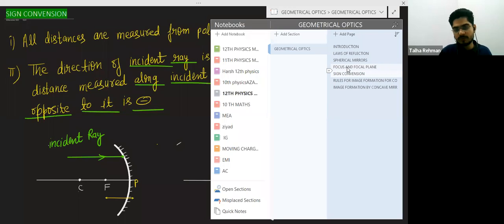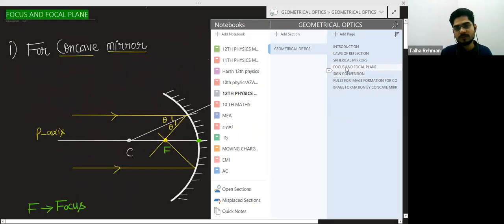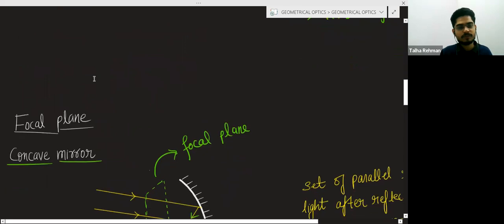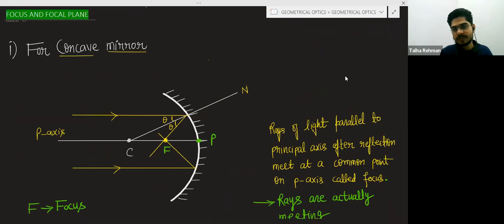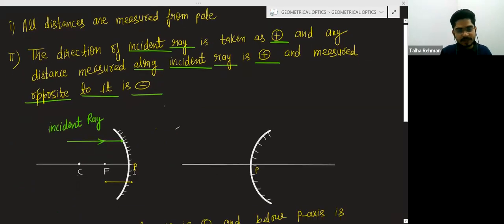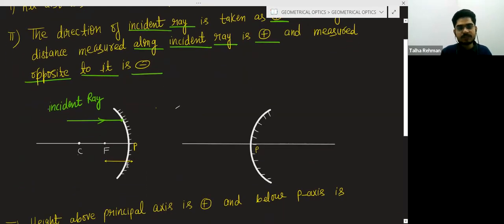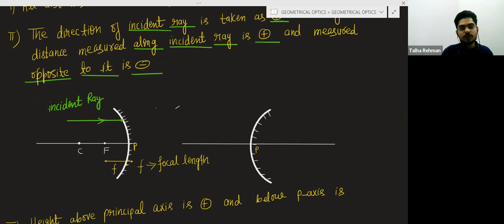I have not told you the focal length yet, so we will discuss it later. For measuring the focal length, you measure the distance from the pole, in this direction.